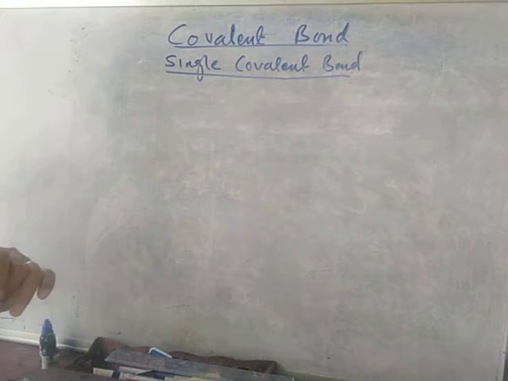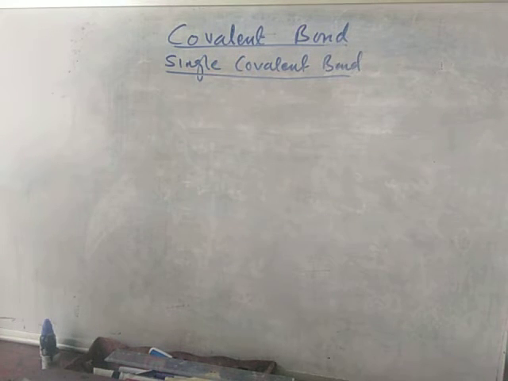So write down, a single bond is formed by sharing one pair of electrons. You should know this one.